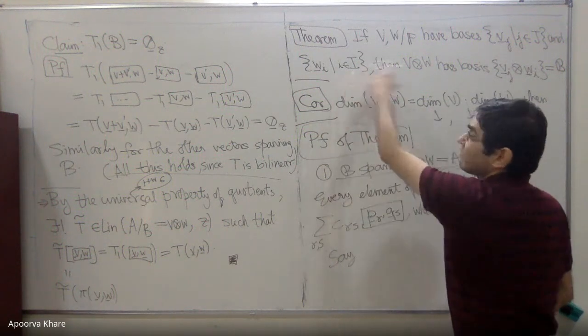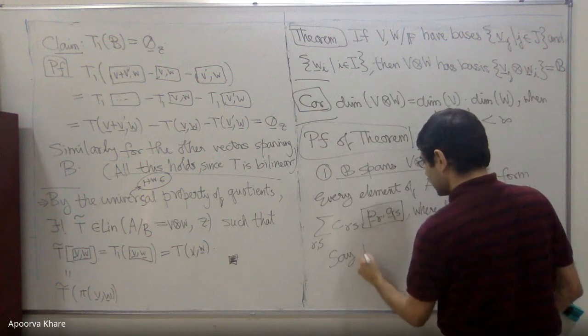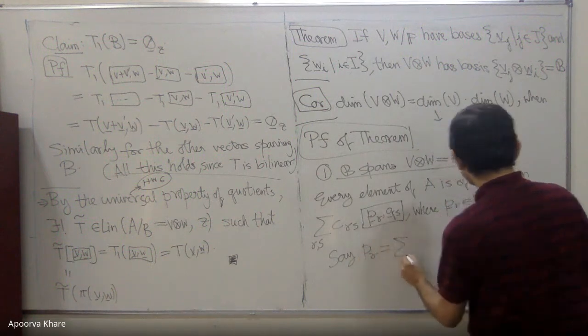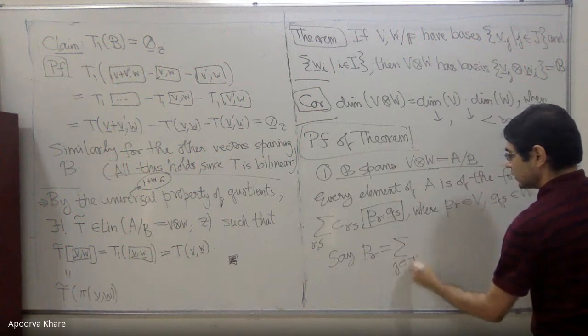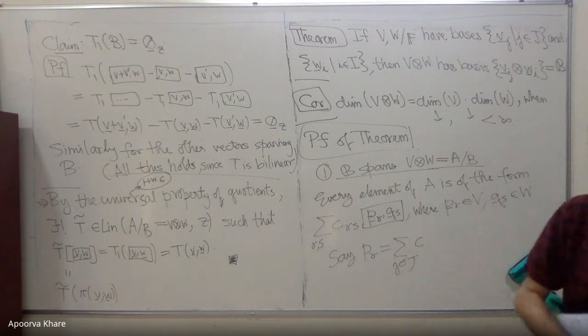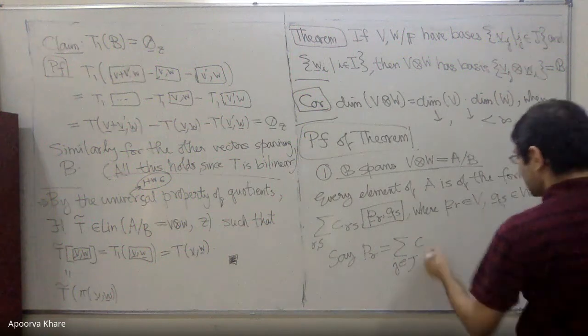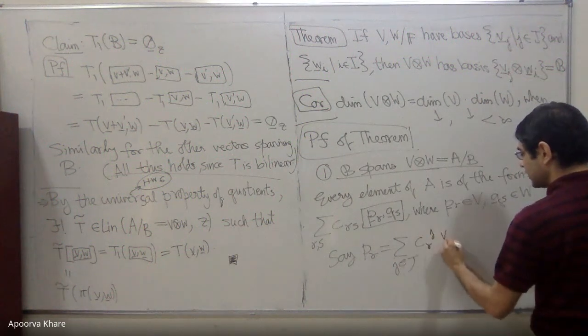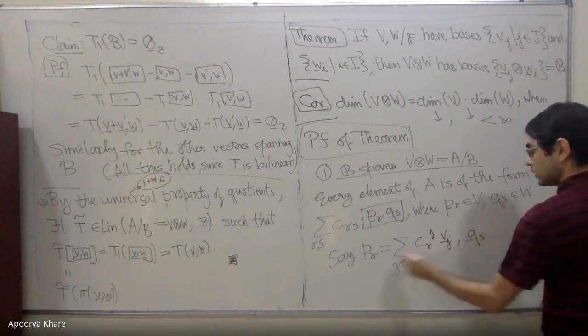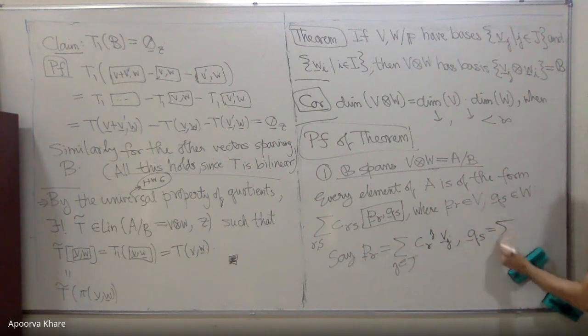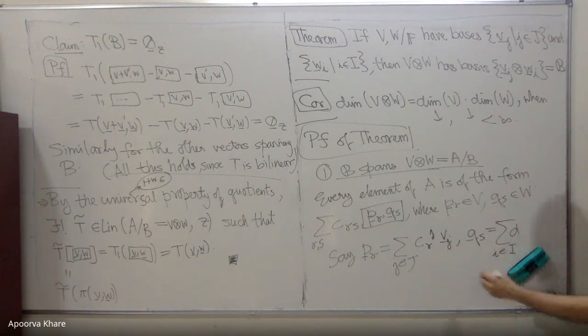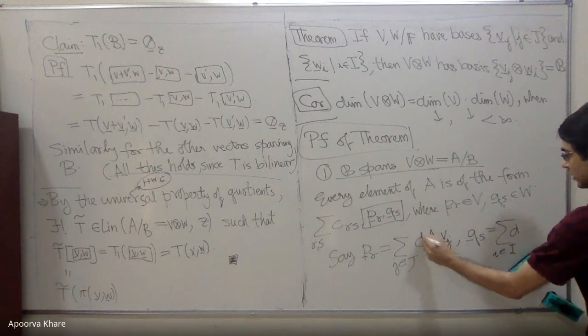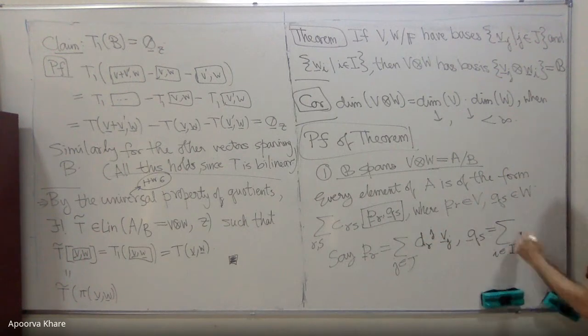I'm not saying the bases are finite, okay? This can be infinite basis. So say p_r equals summation, this is in V, so let's say j in J, c_rj v_j, and q_s equals summation i in I, d_si w_i.